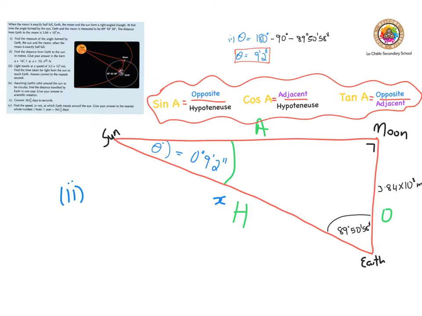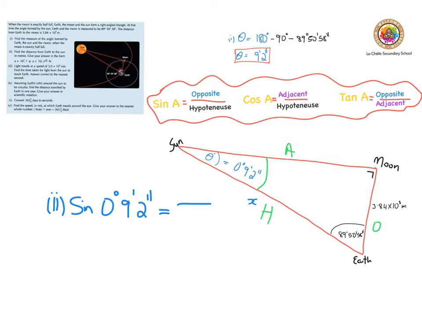So I'm going to say here, sine of 0 degrees, 9 minutes and 2 seconds is equal to, well, opposite is, so here the opposite is the 3.84 by 10 to the power of 8, and that's all over X. And again, I want to get X on its own, so I would multiply both sides by X. So I could multiply here by X and here by X, and that will cancel with that.